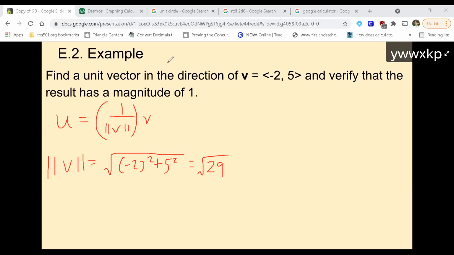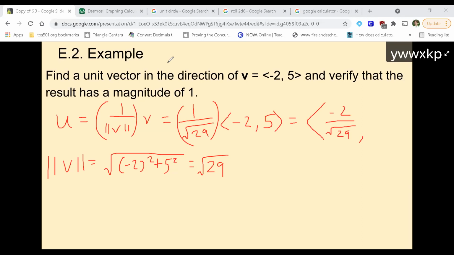So we're going to do 1 over the square root of 29, and we're going to multiply that by -2 and by 5. If you do that, you will get -2 over the square root of 29 and 5 over the square root of 29.